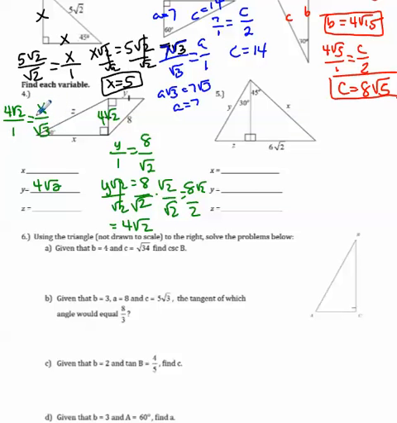So I get 1x, which is x, and I multiply 4 root 2 times root 3, which gives me 4 root 6. Because I'm running out of space here, I'm just going to use the shortcut. I know this one's 4 root 6. The hypotenuse is 2 times the short leg, so 2 times 4 root 2 equals 8 root 2.